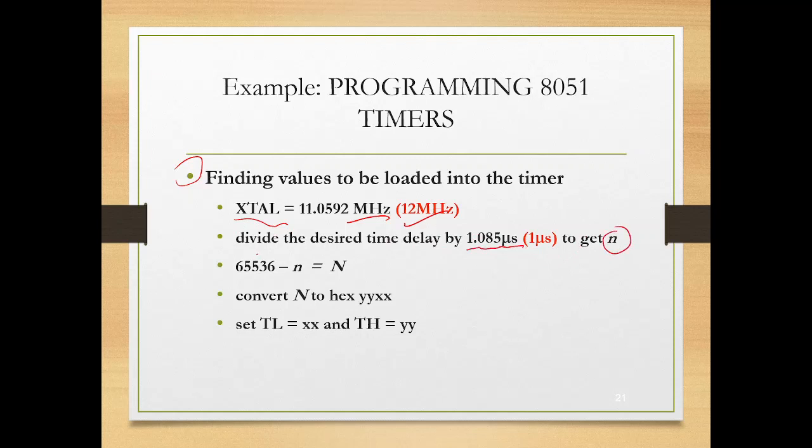Once n is obtained, subtract n from the high value to get the count. Convert this count into a hexa value. Once the hexa value is ready, set TL and TH with it. Low and high values are taken into TL and TH.